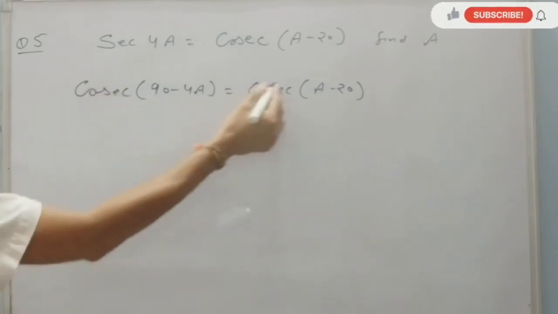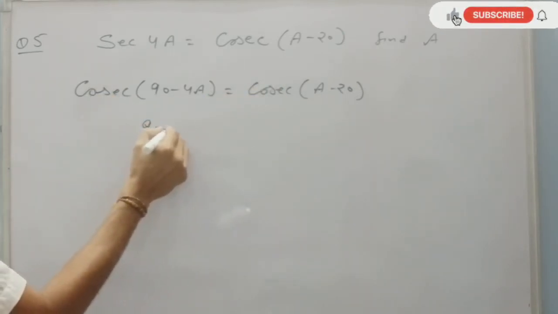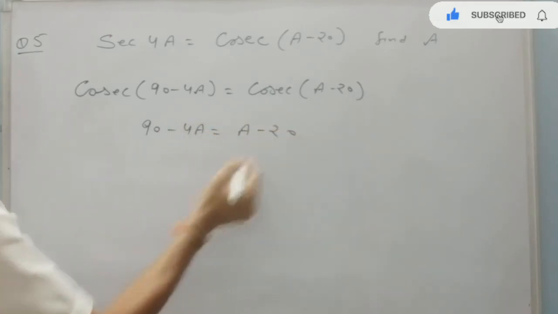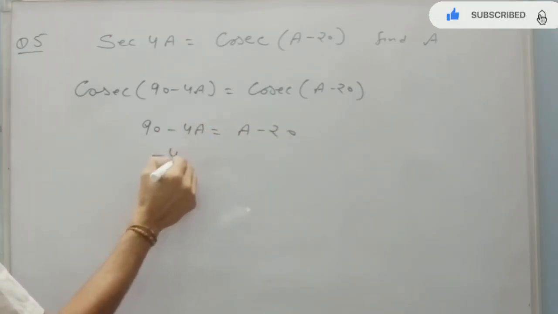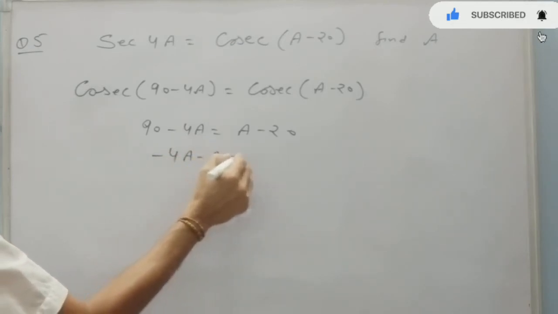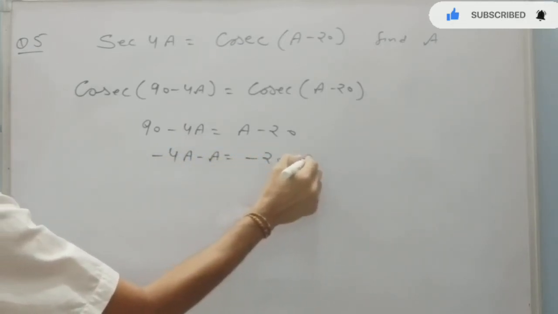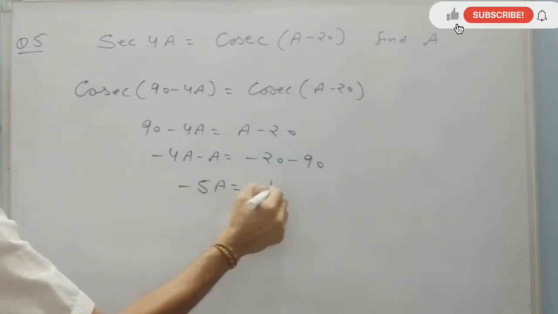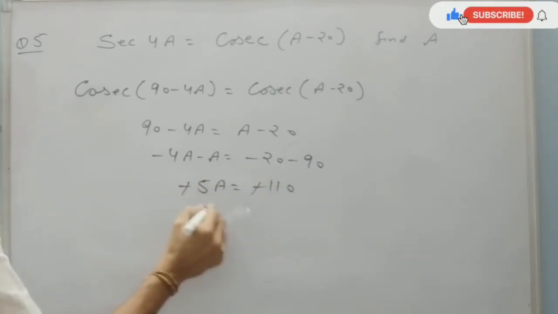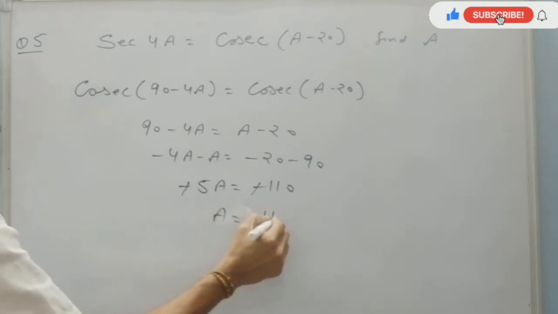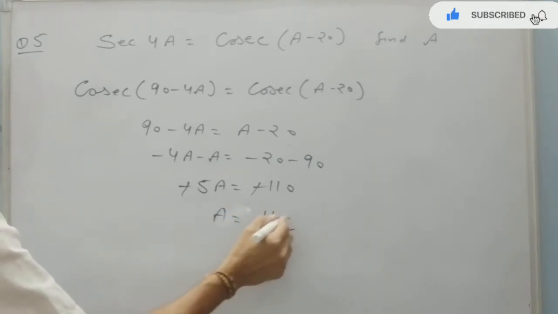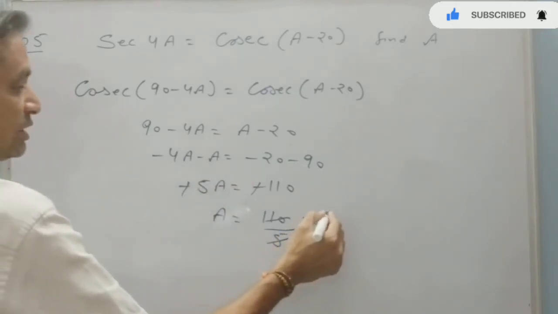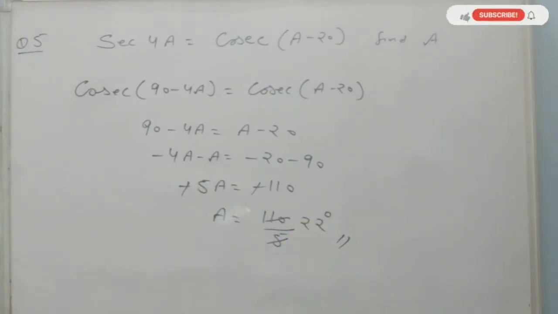Now cosec and cosec cancel out. 90 minus 4A is equal to A minus 20. Or you can say 4A plus A, 20 minus 90, 5A is equal to minus 110. Then A will equal 110 upon 5, which means 22 degrees is the required solution.